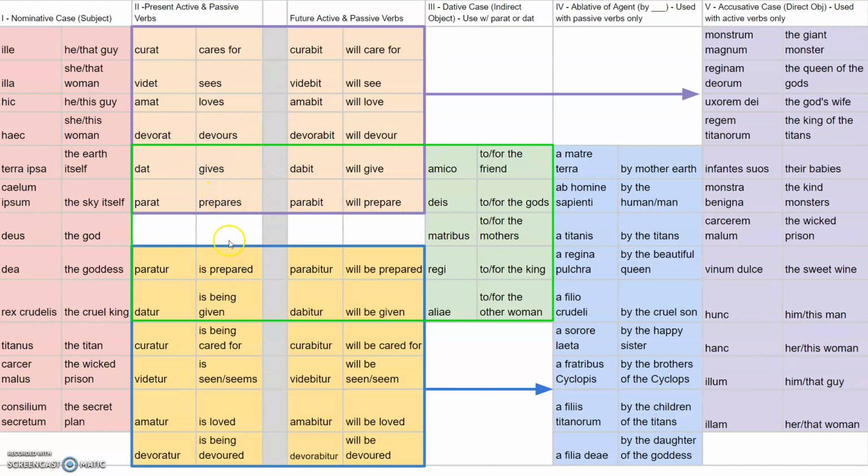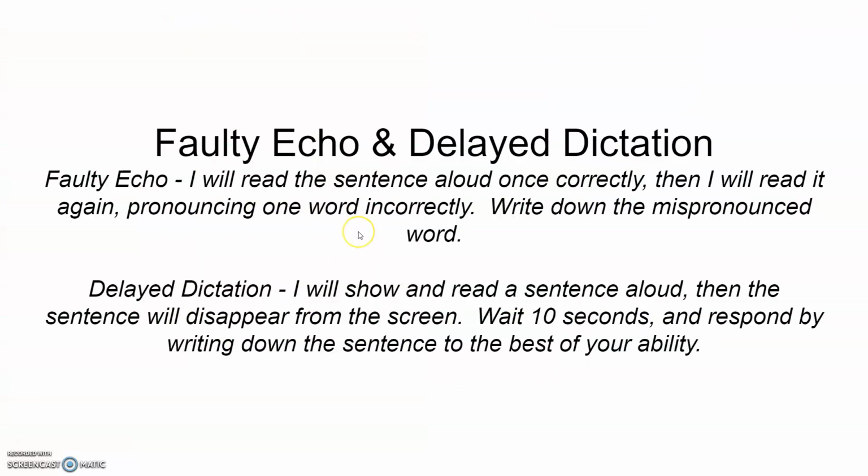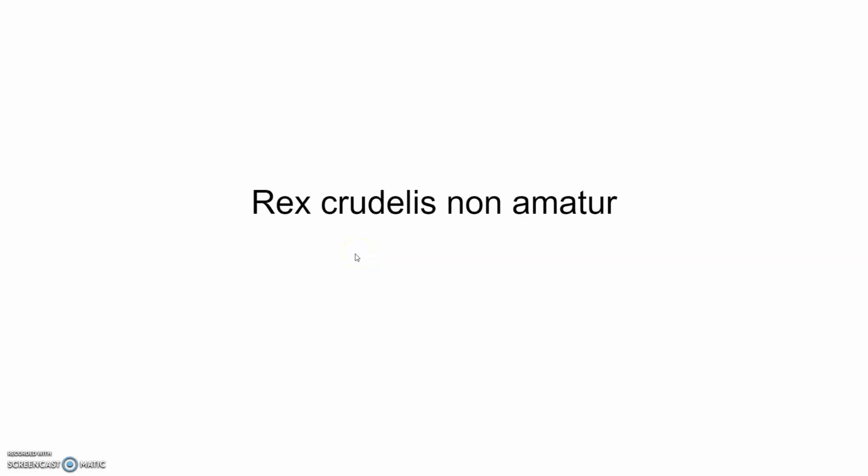So let's look at a couple sentences here based off this sentence builder, that you guys have probably done a week ago from your faulty echo and delayed dictation activity on Edpuzzle. The first sentence here was Rex crudelis non amator. I'm going to have a color code here: your subjects or nominative nouns are going to be in red, and your verbs are going to be in yellow.